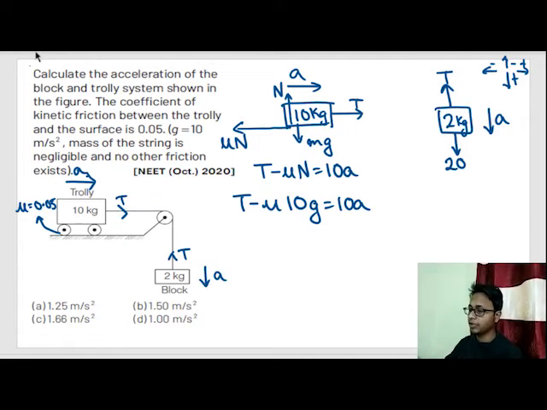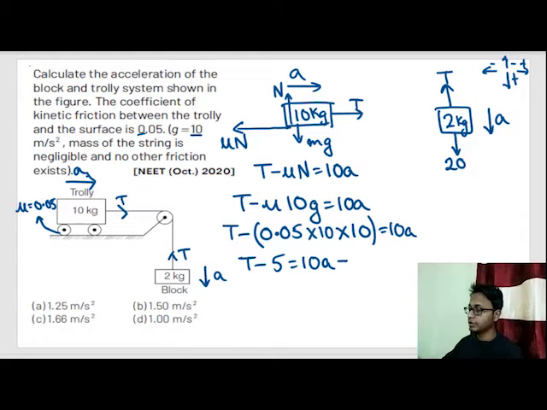Mu is given as 0.05, and g is given as 10. So T minus 0.05 into 10 into 10 is equal to 10a. 0.05 into 10 is nothing but 0.5, then into 10 gives 5. T minus 5 is equal to 10a. This is the equation we get from this free body diagram.